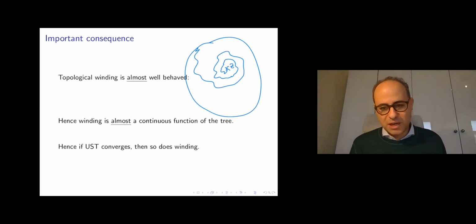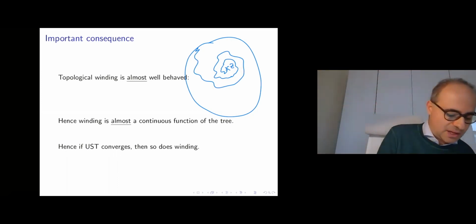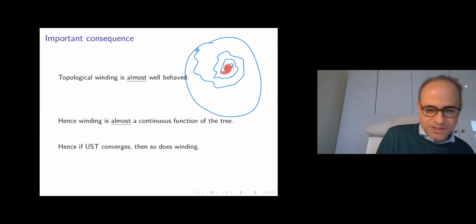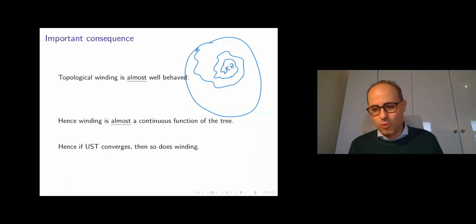What matters is just how much this path is going to wind around Z.